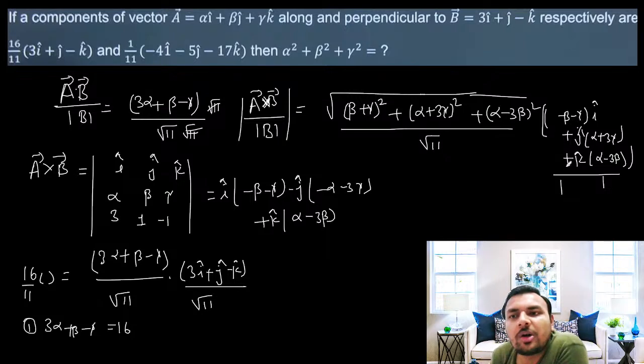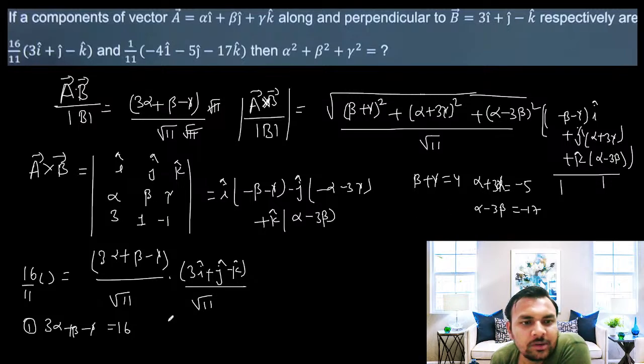So upon mod of this, this is the mod of the sine length. So what will happen if this mod gets cancelled? We have 11, so we can compare like this: beta plus gamma equal to 4, gamma plus 3 alpha equal to minus 5, alpha minus 3 beta, this is gamma, equal to minus 17.